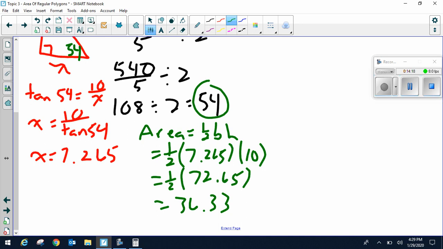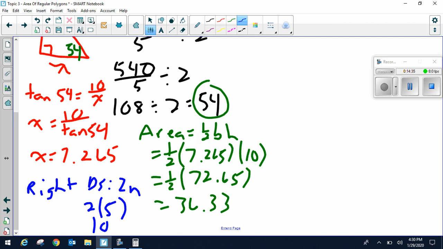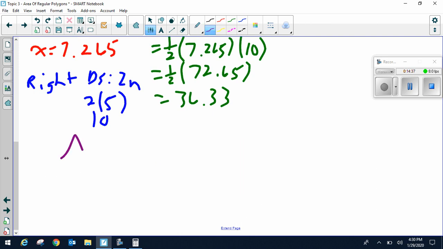Then again, after we find the area of the triangle, we need to determine how many right triangles we're going to have. And that's by doing 2 times the number of sides. And again, I think it's a pentagon, so we had 5 sides, so that means it's 10 right triangles. So to find the final area, you take this number and multiply it by this number.